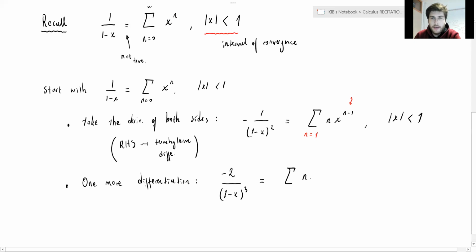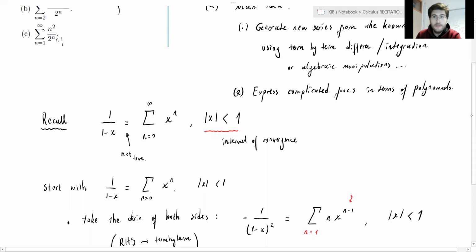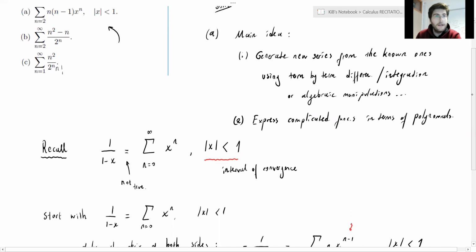So now we have n times n minus 1 times x to the power n minus 2. Still, we have a similar kind of domain of convergence, so no problem. But as I said before, be careful now with indices, so we have a shift.